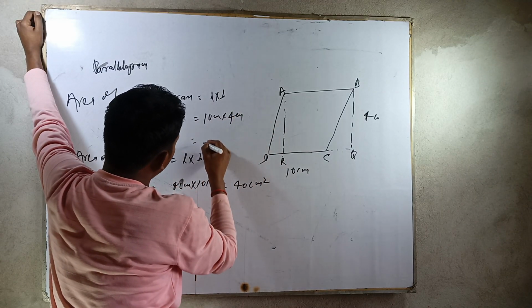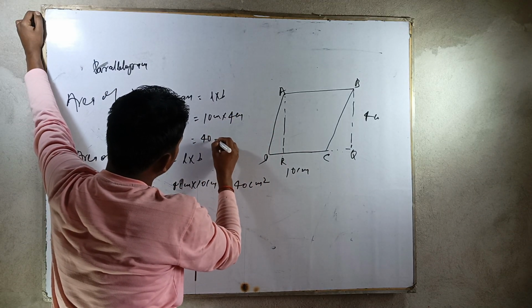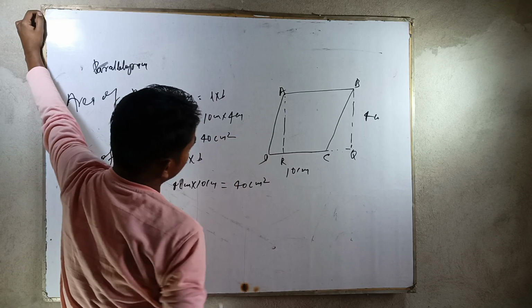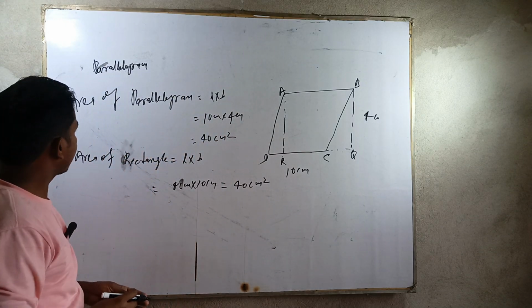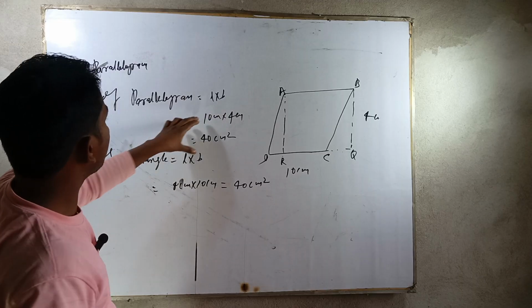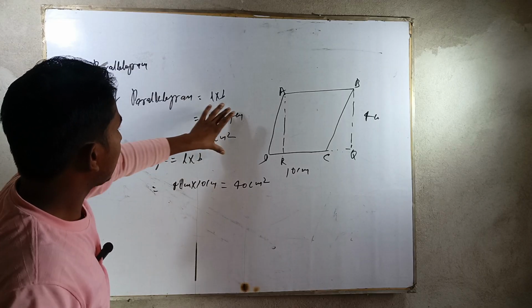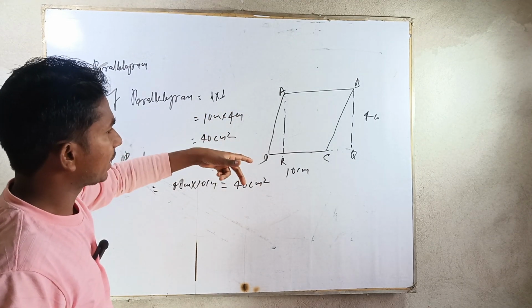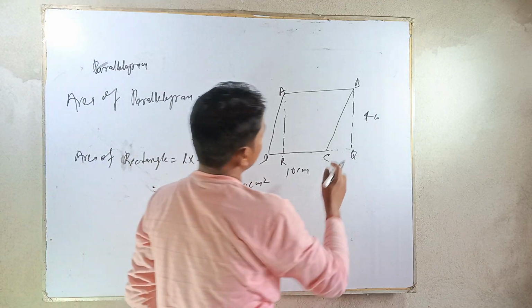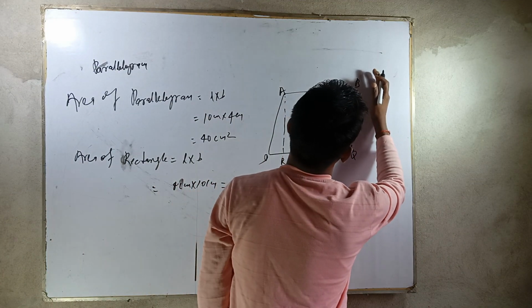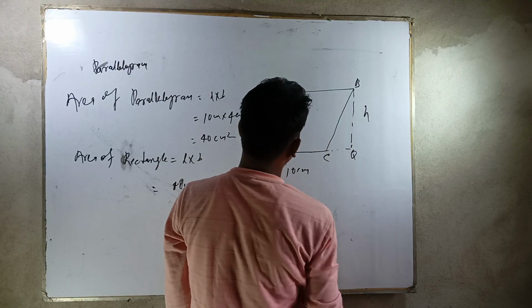So its value will be 40 centimeter square. So I see that the area of a parallelogram is equal to L into B. In this case, I can say H into B.